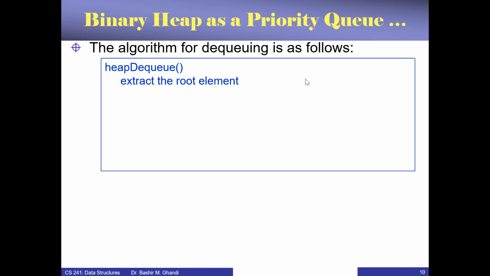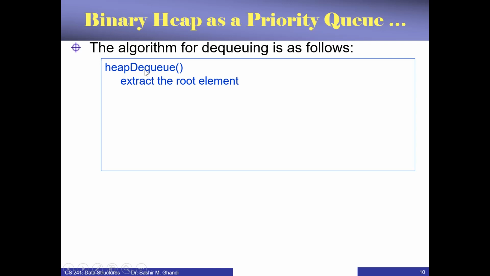So dequeue is very specific, not dequeue any element, no, dequeue the highest priority element, which in the case of binary heap is always at the root. So dequeue is very specific: delete the root and return it. It's not deleting any other element, delete the root.